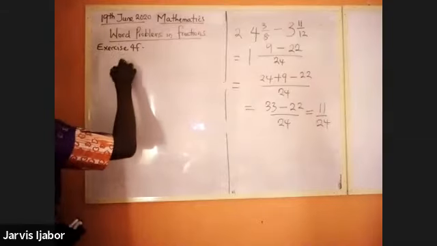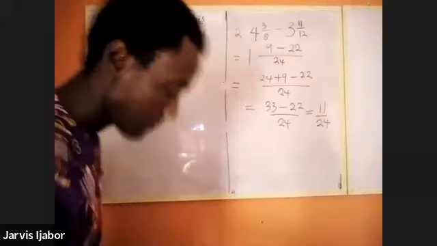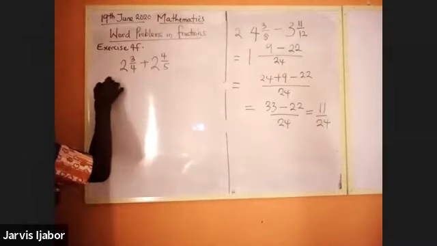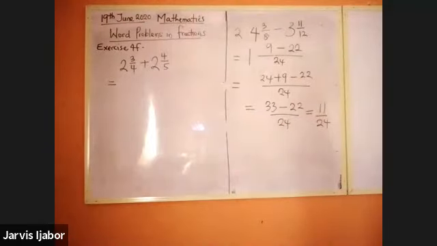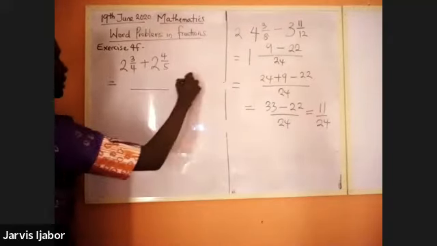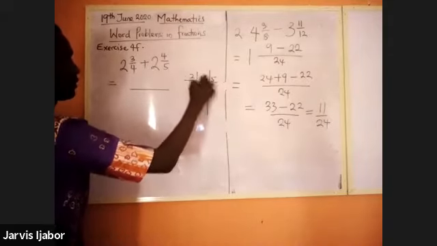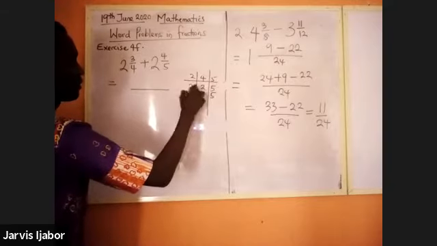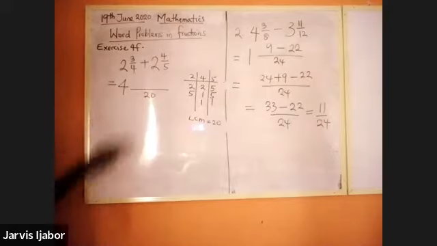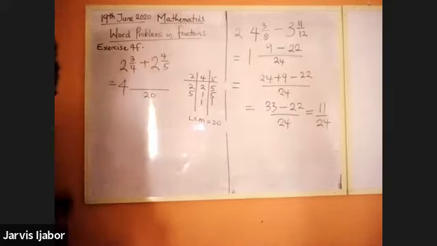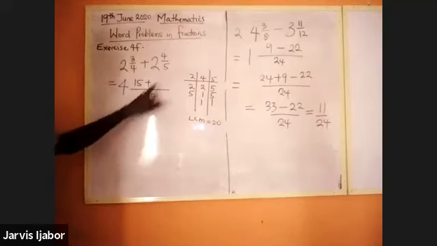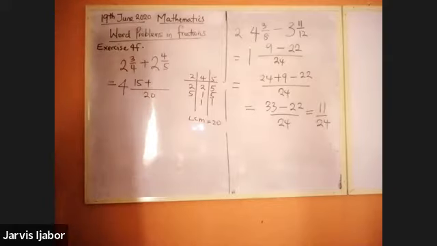The sum is what? 2 3/4 plus 2 4/5, which will be equal to the LCM of 4 and 5, that will be 20. 2 plus 2 will give you 4. 20 divided by 4 is 5. 5 times 3 is 15, plus 20 divided by 5 is 4. 4 times 4 is 16.